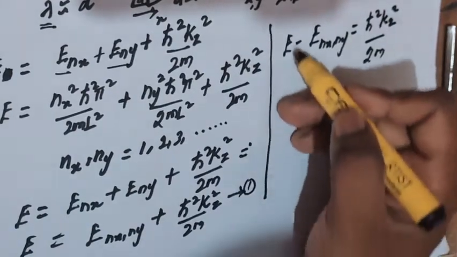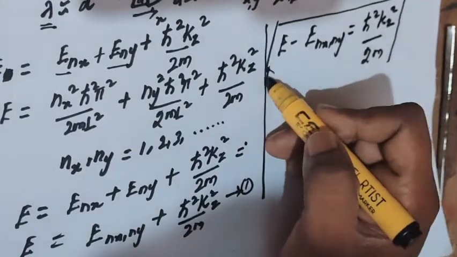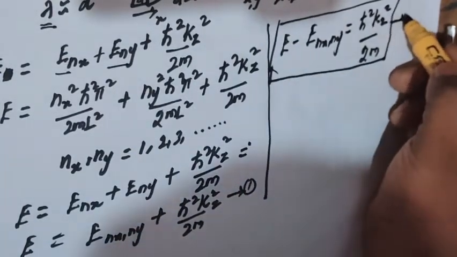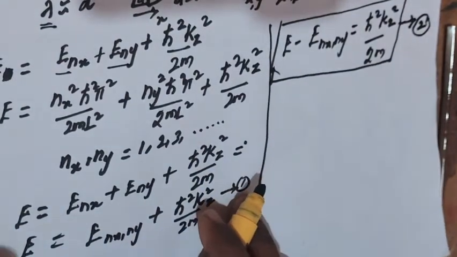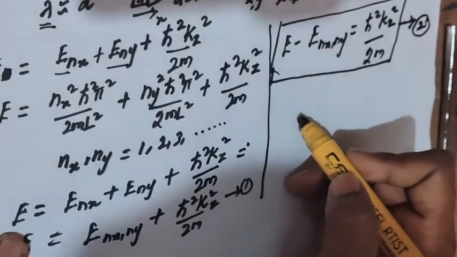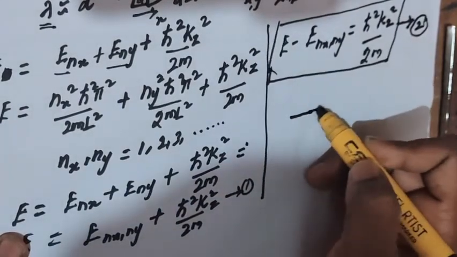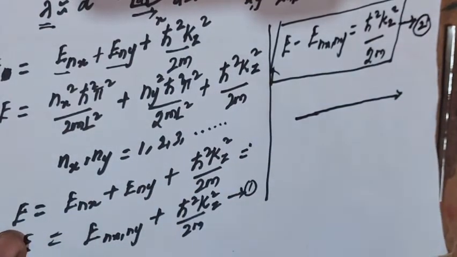This is the energy of the electron in the quantum wire structure. You can take this equation number 2, but we need to calculate in the quantum wire. It's only one direction with a continuous energy spectrum, which means it is accessing all the energy states in only one direction.